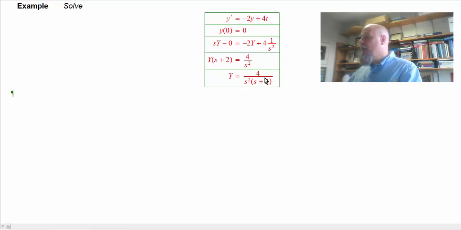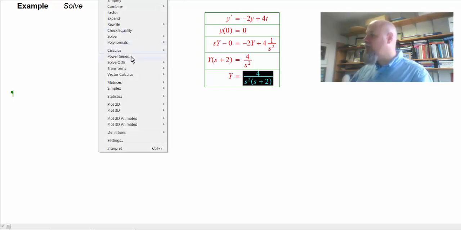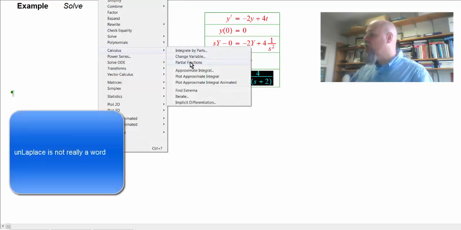Solve for Y. Next I want to do partial fractions and break this piece up because I want to unlaplace this. I could unlaplace a number over s plus 2. I could unlaplace a number over s squared, but I can't unlaplace the product of this. So we break it up into pieces. Partial fractions.